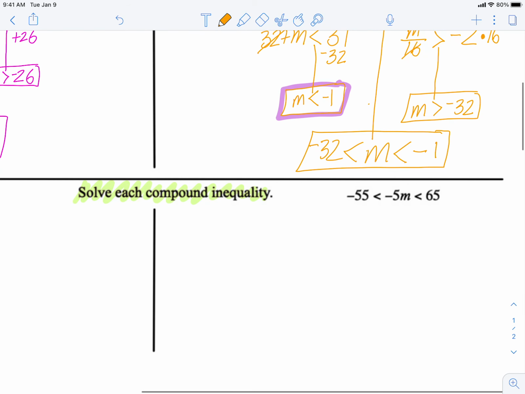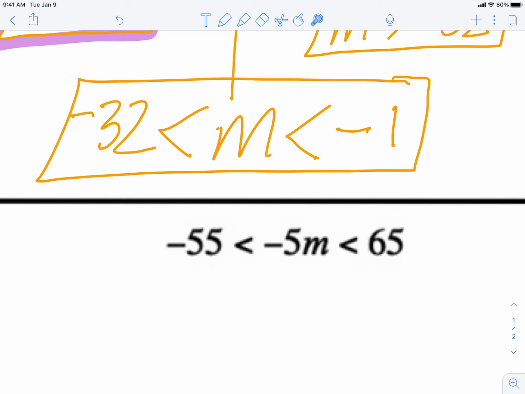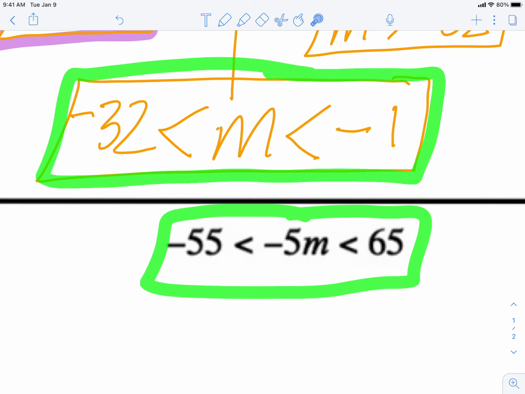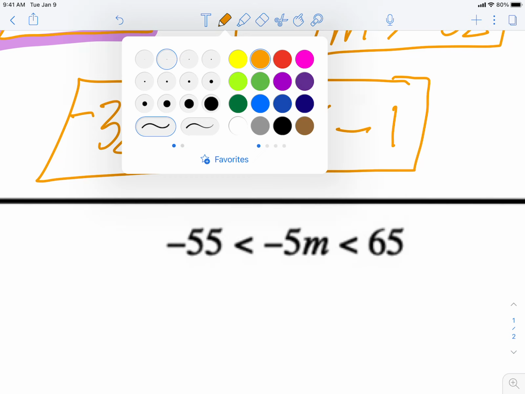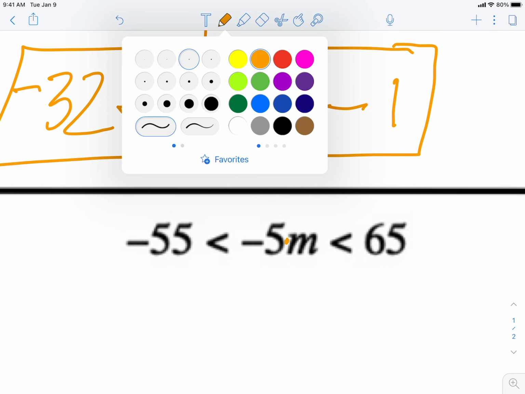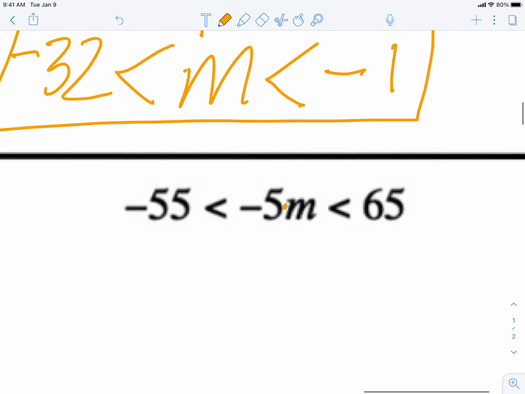And now one more example here. Again, this almost looks like this one right here. But m is by itself here, and m is not by itself here. I've got to move this guy right there. So let's remember what negative 5m means: negative 5 times m. What is the opposite of multiplying, guys? Dividing.